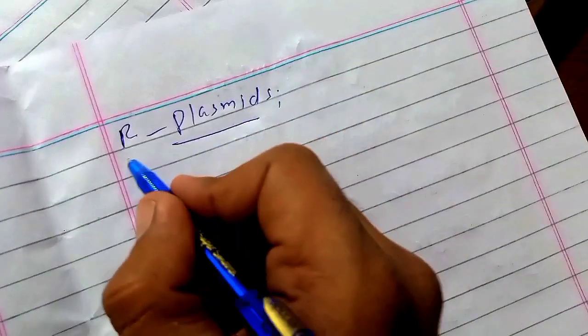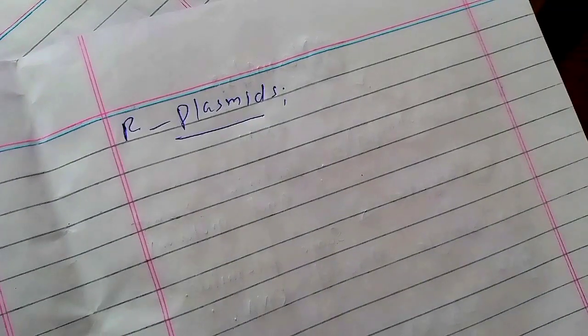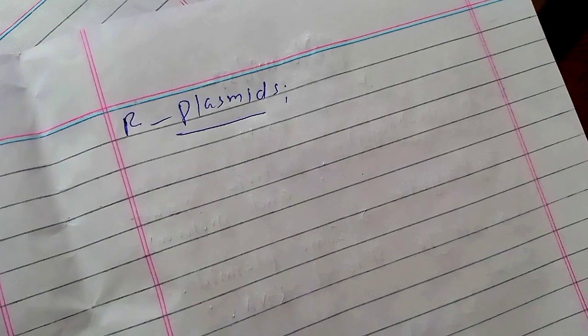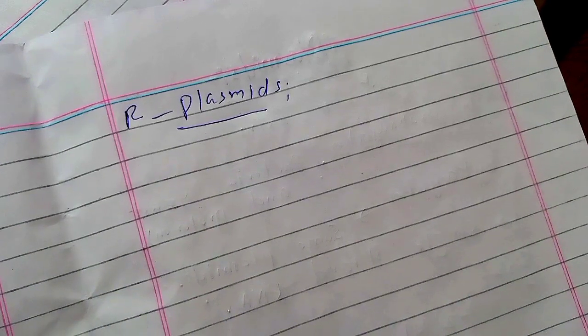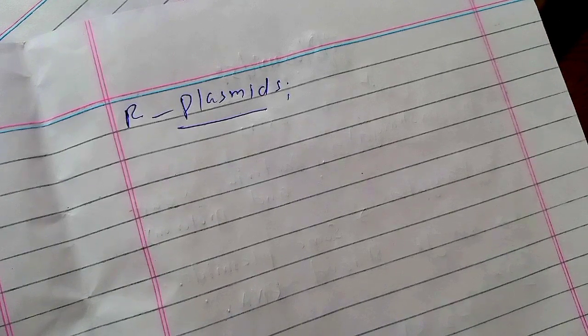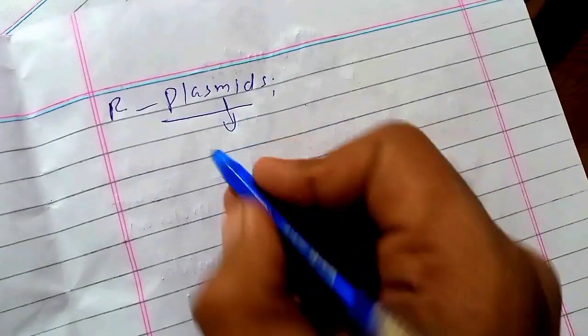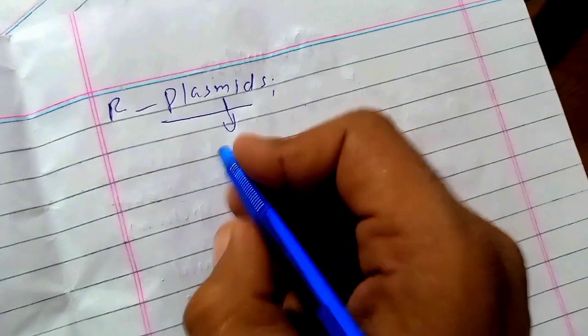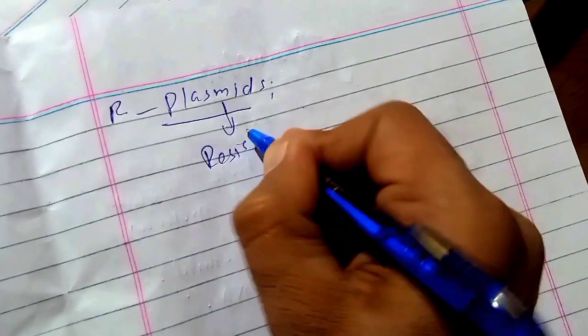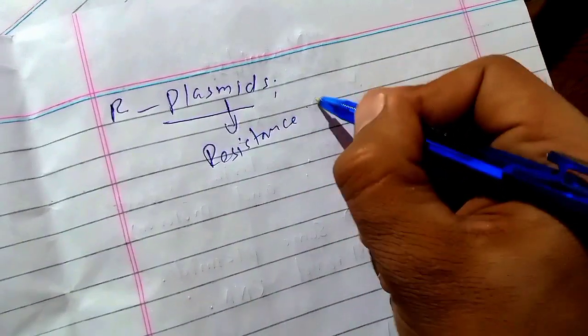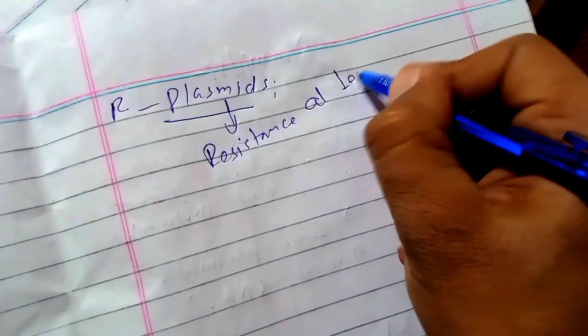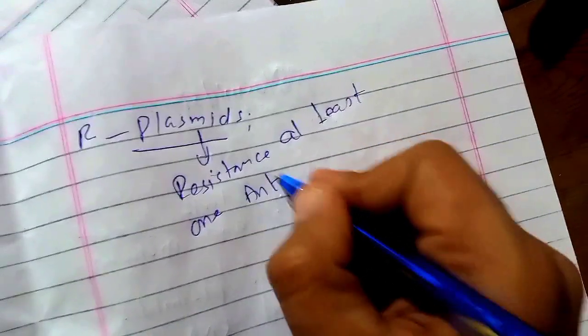We will discuss the R plasmid. It gives cells the ability to show resistance against at least one antibiotic as well as many antibiotics.